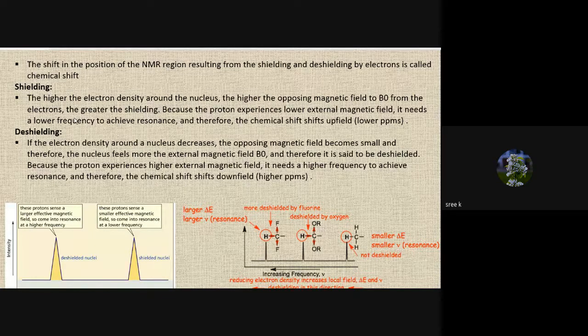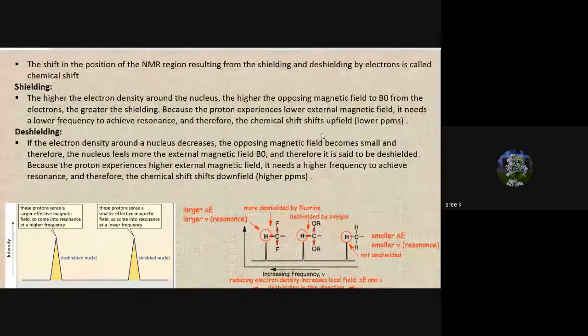Because the proton experiences a lower external magnetic field, it needs a lower frequency to achieve resonance. Already it is in the opposite direction, so to achieve the opposite spin you require only a lower frequency. In that case, the shift is called upfield, or shielded nuclei, a slight deviation from 0.